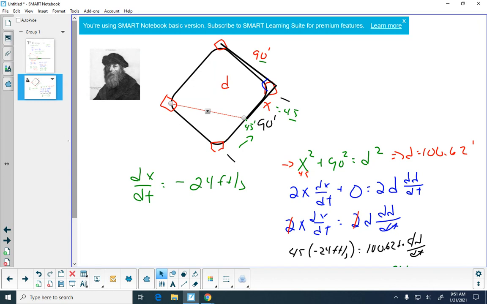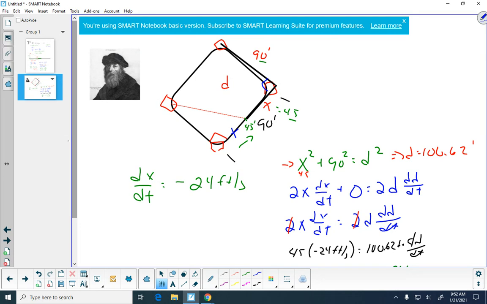So our right triangle now includes home plate, where the runner's at, and third base. So my dx dt, what's happening, my x, I can throw my x here now. So what is happening to x now? It's increasing, so it's a plus 24 feet per second, because now x is getting bigger.